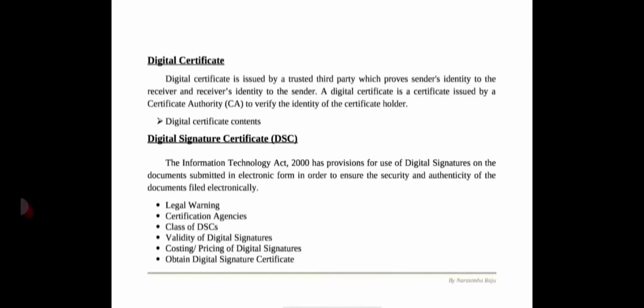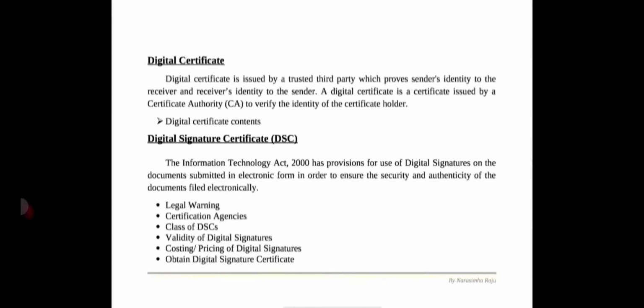Coming to the first topic, digital certificate. A digital certificate is issued by a trusted third party which proves the sender's identity to the receiver and the receiver's identity to the sender. It is a certificate issued by a certificate authority to verify the identity of the certificate holder.